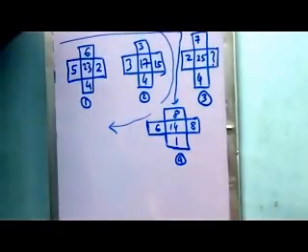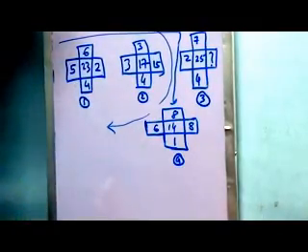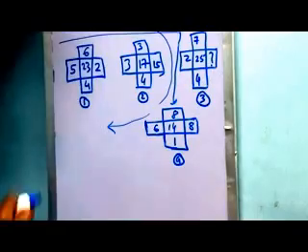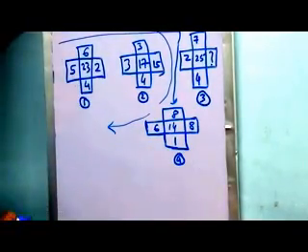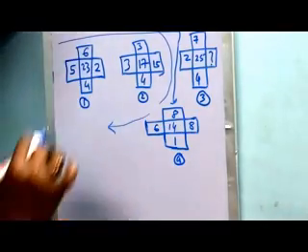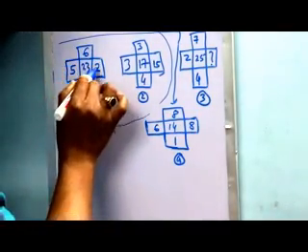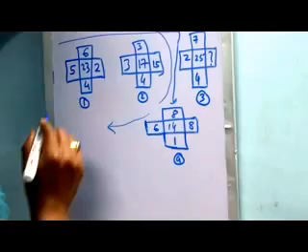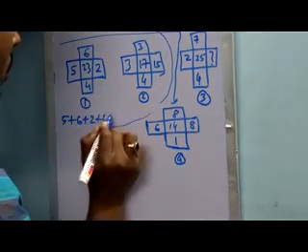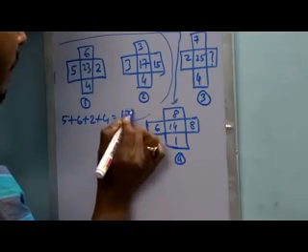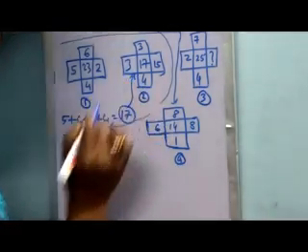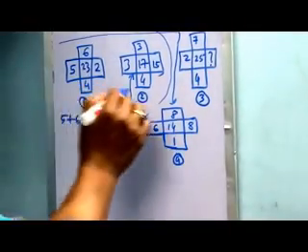In case of the first diagram, if we add all the numbers in these 4 small square sections, what we get? 5 plus 6 plus 2 plus 4 equal to 17. That 17 is put in the middle square of diagram number 2.